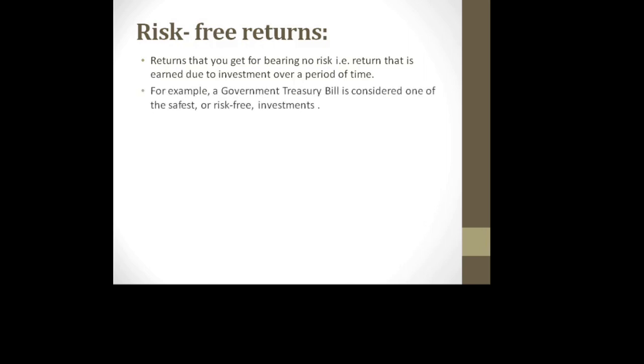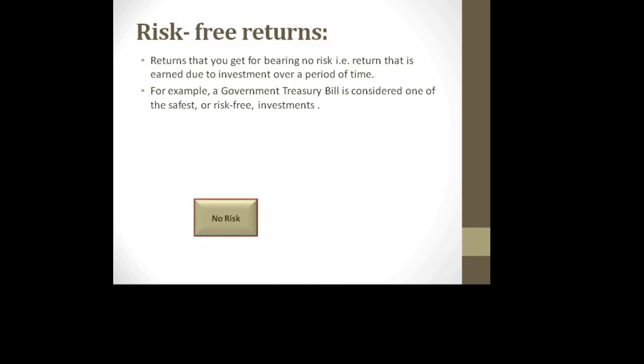For example, risk-free returns can be a government treasury bill. It is one of the safest and risk-free returns, a very good example. We usually take the return from a government treasury bill as the benchmark for the risk-free returns.